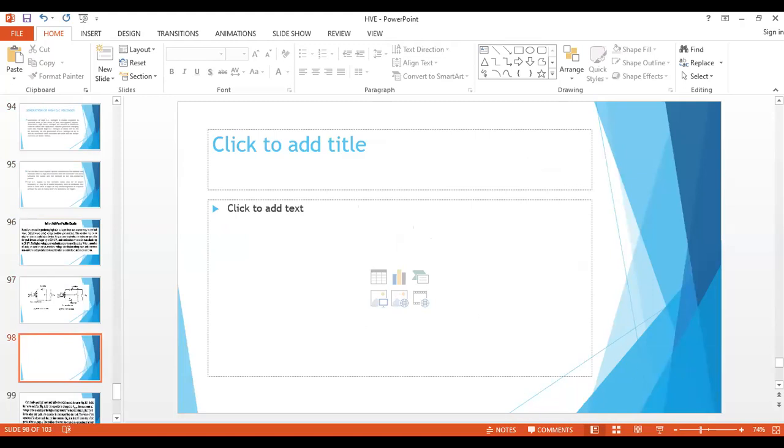And coming to the next one, voltage doubler circuits. In that also we have two types of voltage doubler circuits.